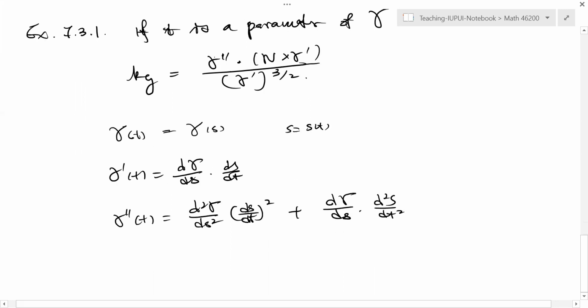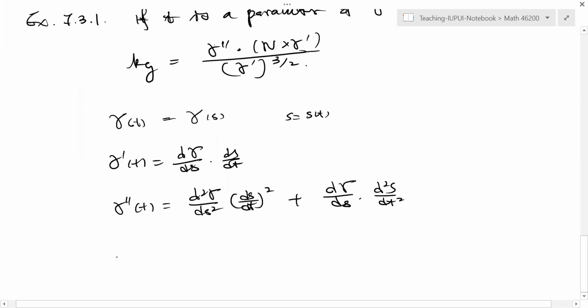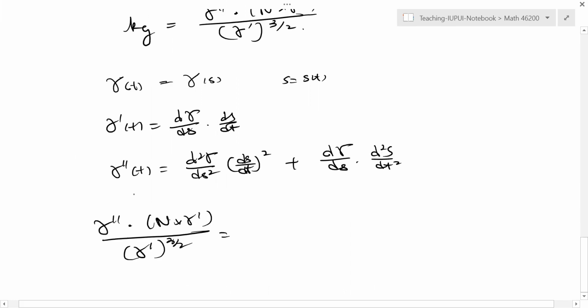So now let's take a look at gamma double prime. Here we actually use t, so let's put t here, t here, t here.